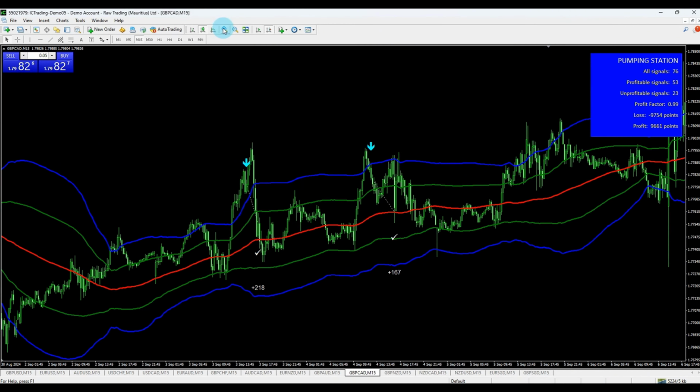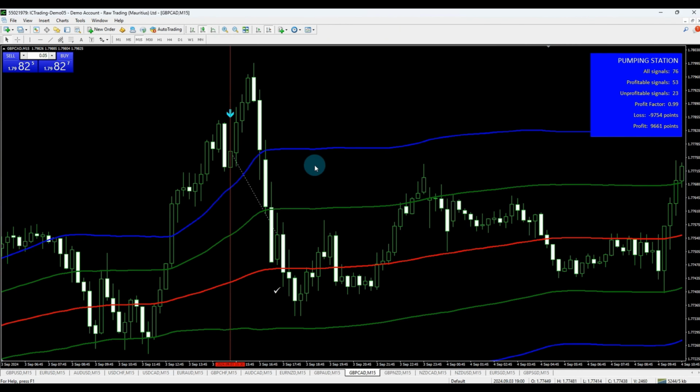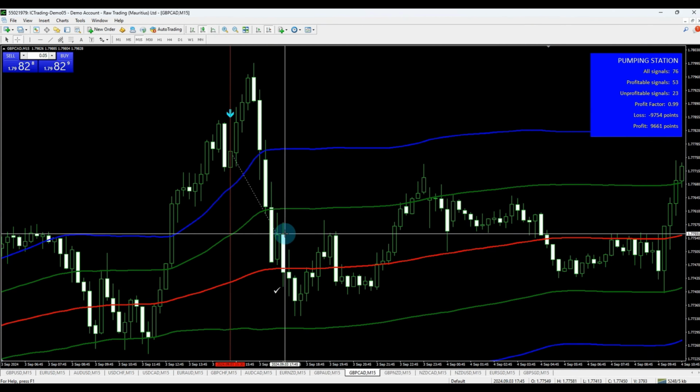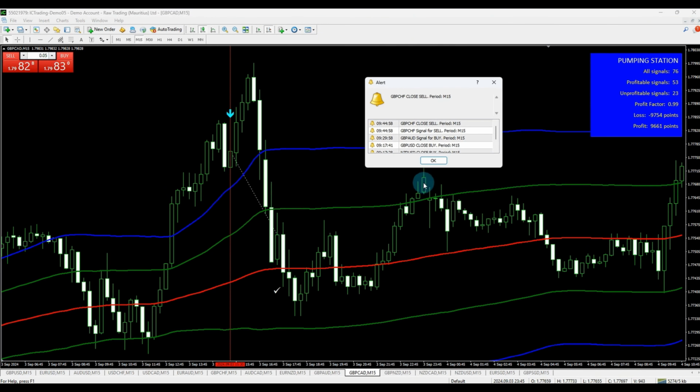For example, here we look at the situation. There was a sell signal here, and the indicator gave a signal to close when the quotes reached the oversold level, which for us is a signal to close the trade on the pound against the franc.